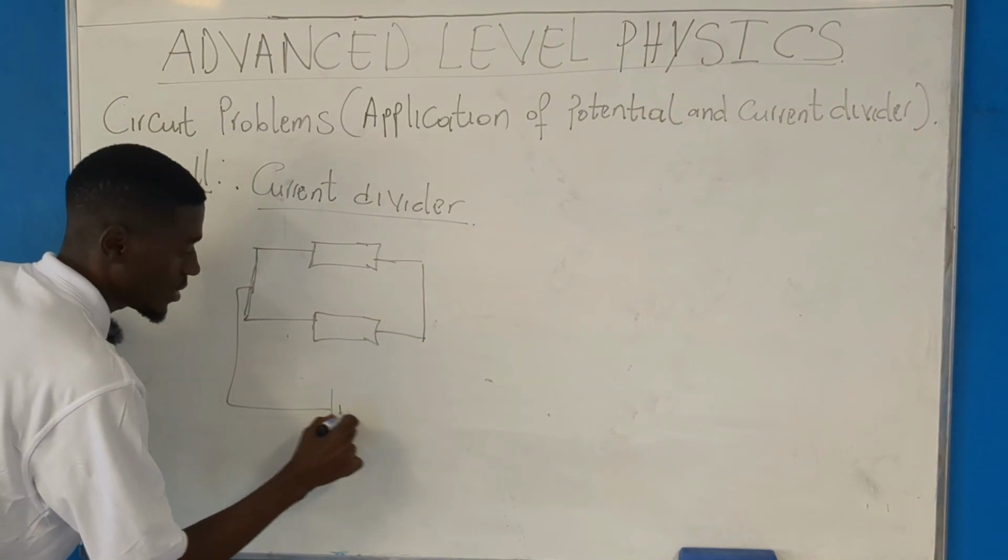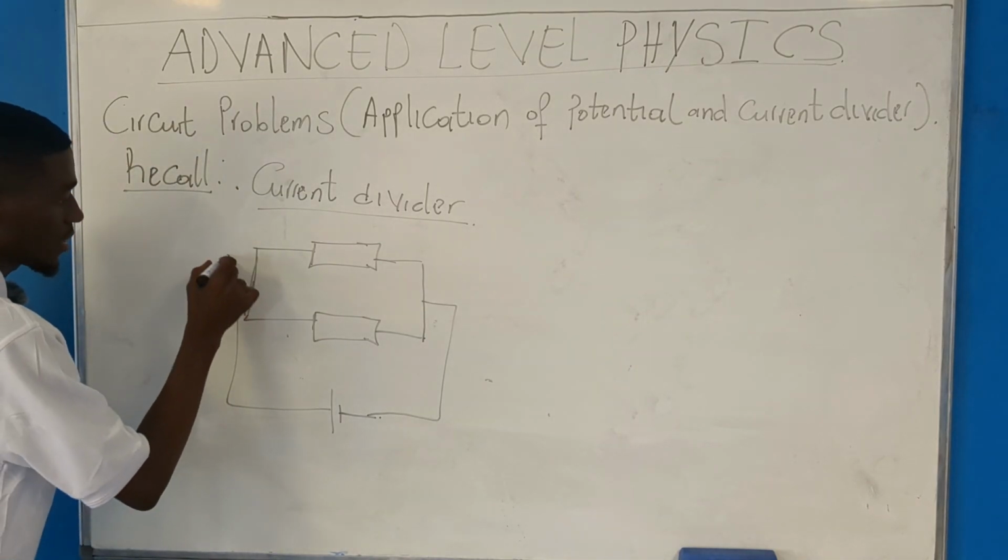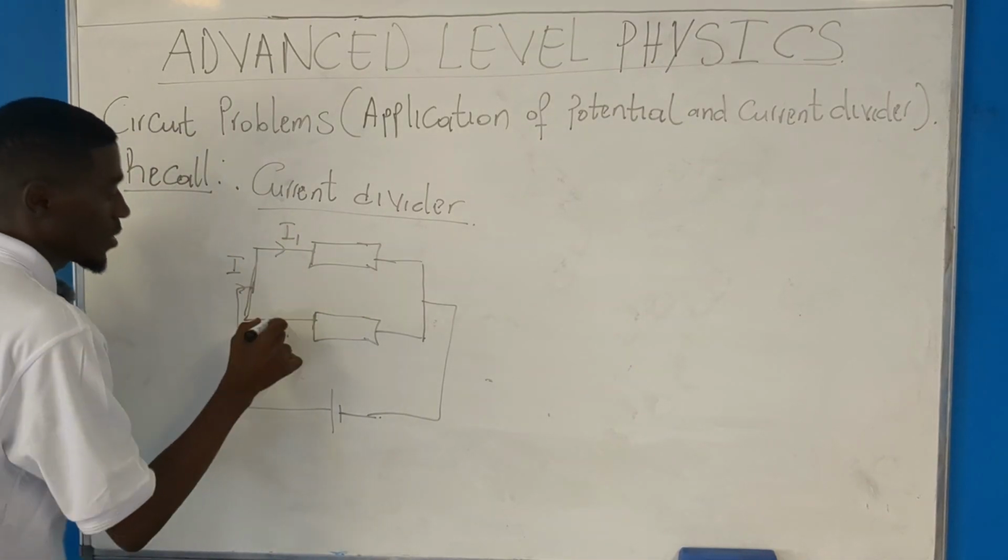Then we connect a PD here. Then this is the current here, which is being divided here into two, I1 and I2.